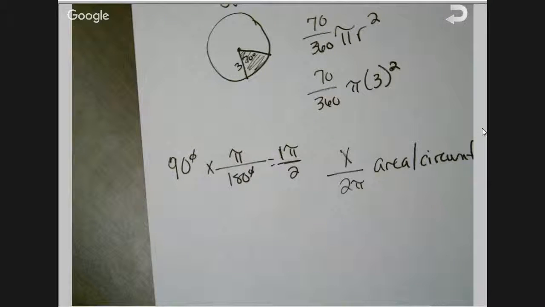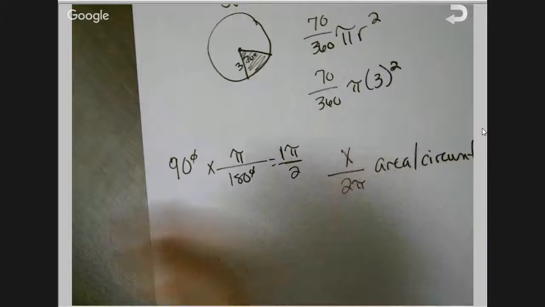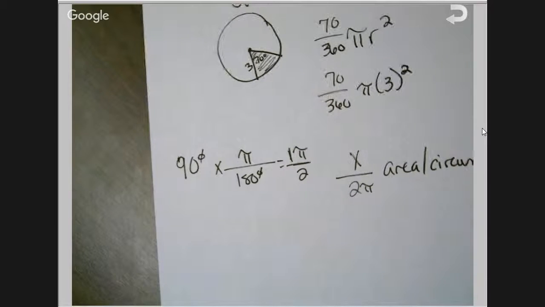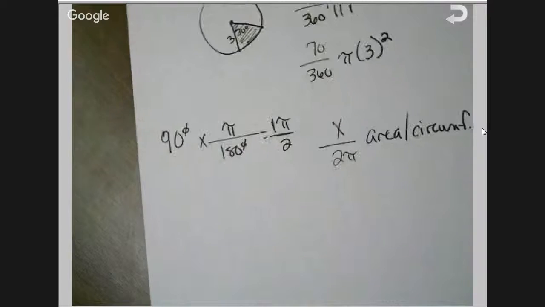I don't expect you to have to do that, but if you need it, you always have it. If you couldn't remember that 180 is pi, but you remember 360 is 2 pi, you could also use that conversion, 2 pi over 360. Either way, I don't care. Okay.